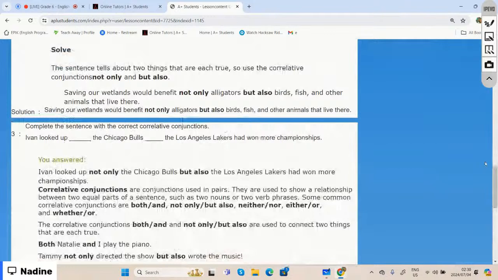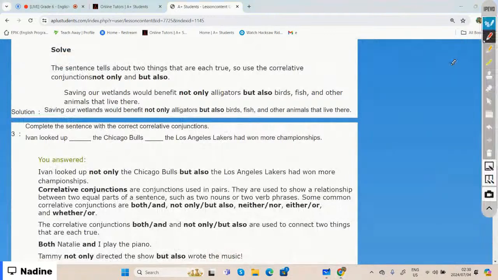And if we were to choose the correct pair, it says Ivan looked up whether the Chicago Bulls or the Los Angeles Lakers won more championships.